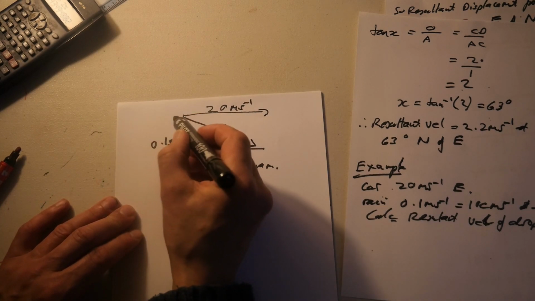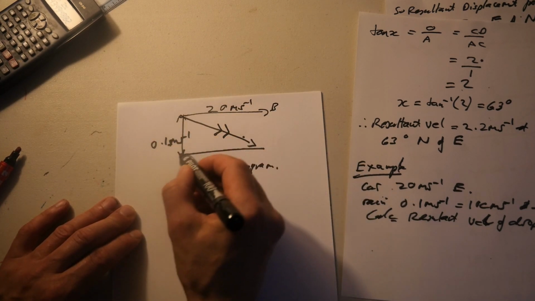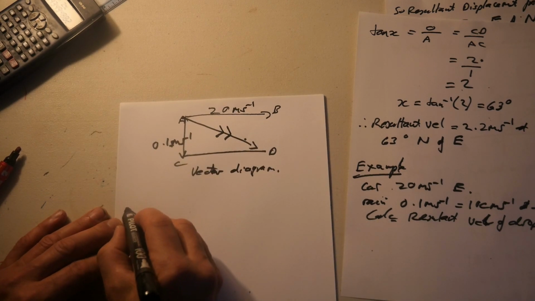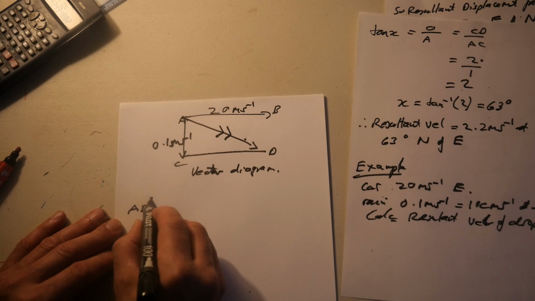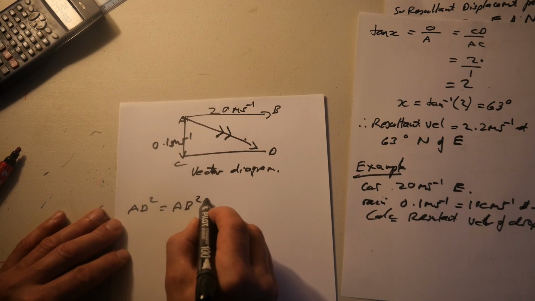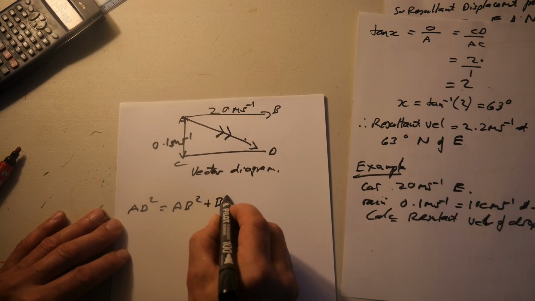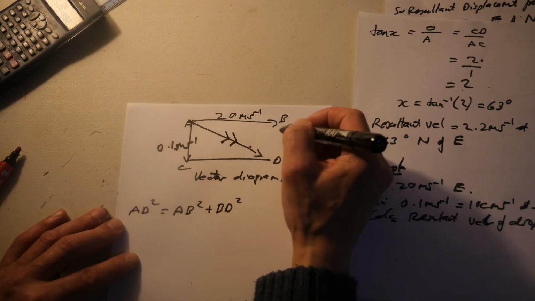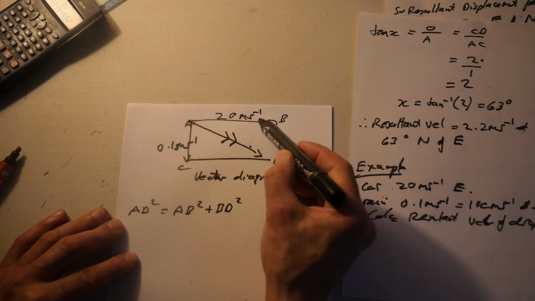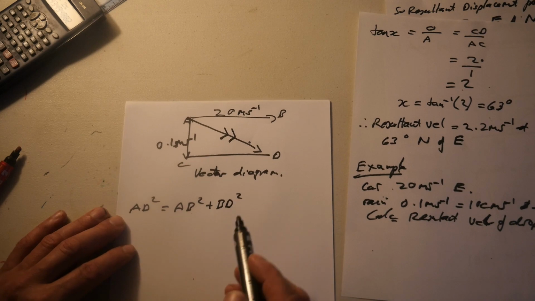So to work out A, B, C, D, the length of AD squared equals AB squared plus BD squared, because that's parallel to that, that's parallel to that. The lengths of these are the same, and the lengths of those are the same, okay?